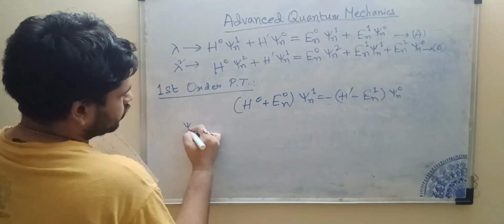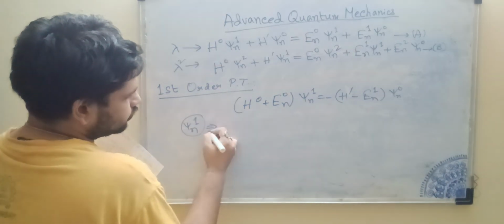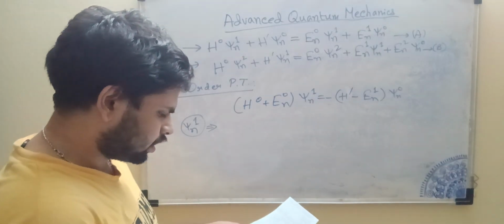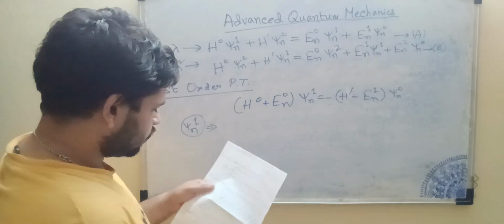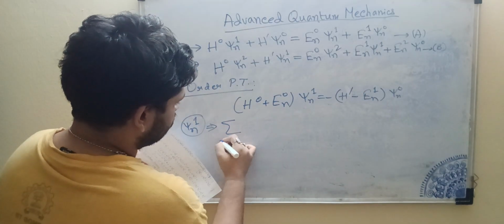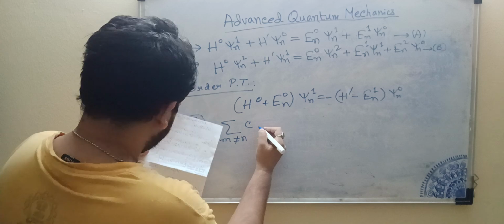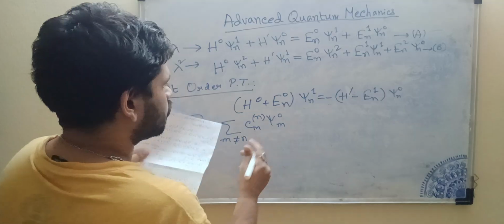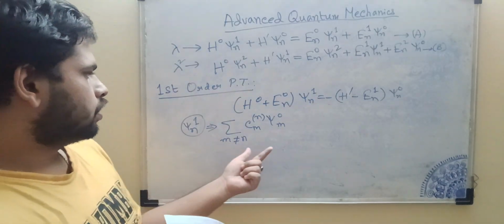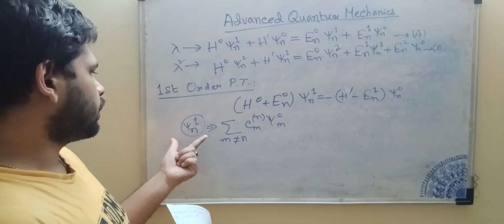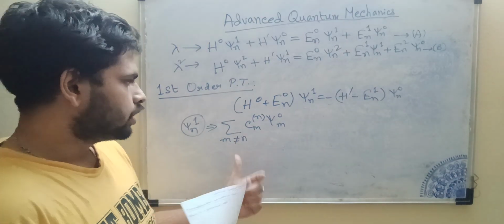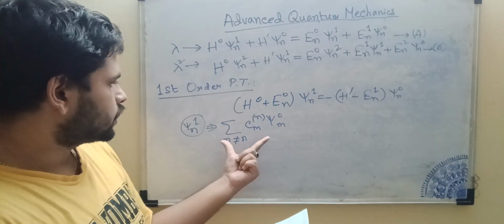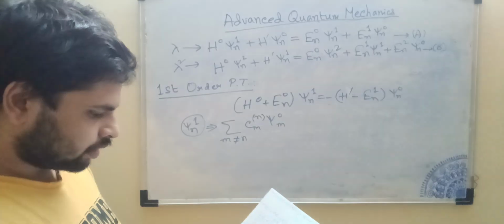And we know that psi n1 can be expanded in a complete set, so it will have a normalized coefficient. So from the final, perturbed wave function, we can get the initial unperturbed wave function from this equation. And if we put this equation onto this, then we will finally get the following.